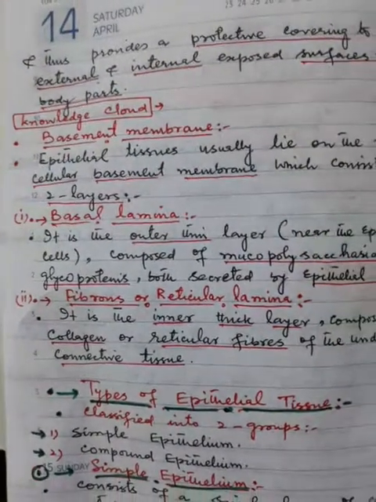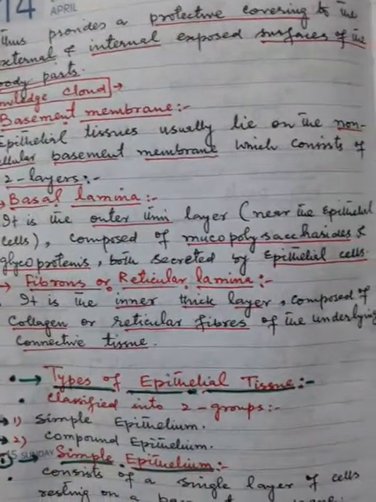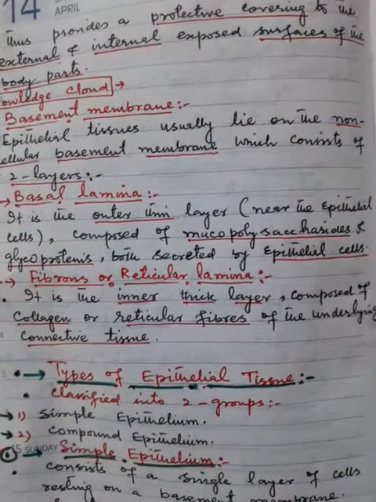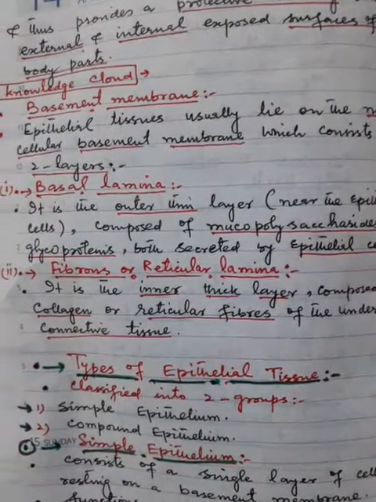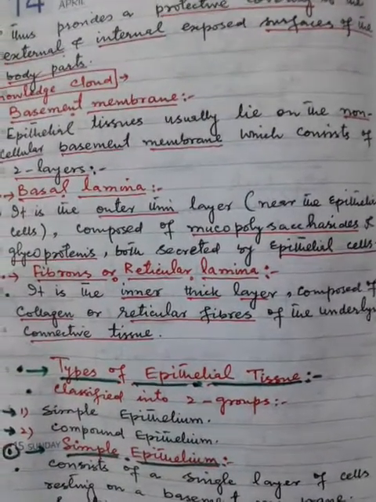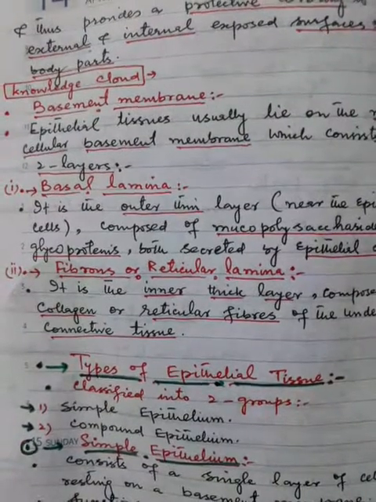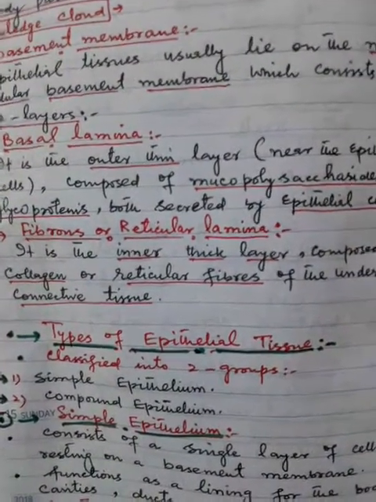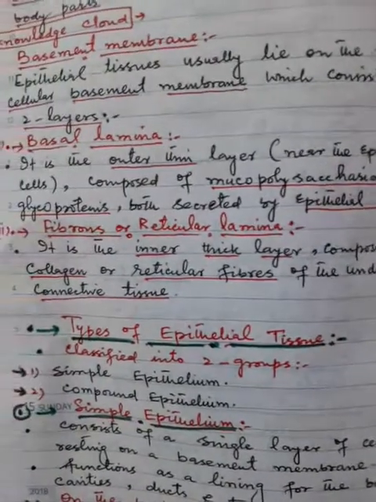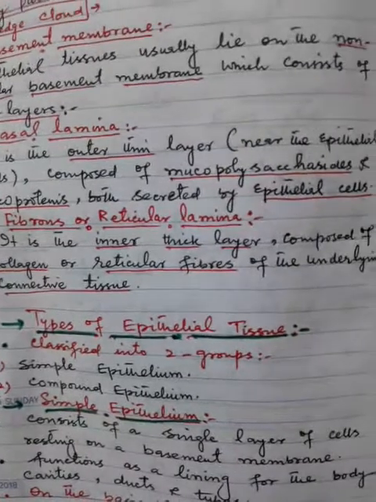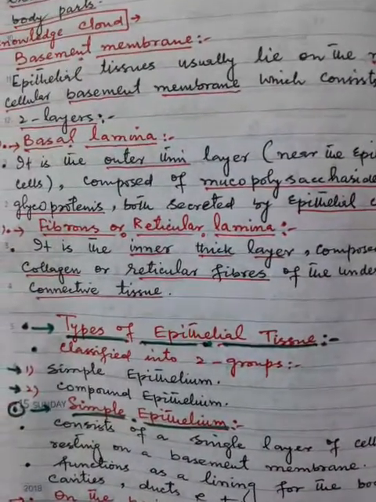Basal lamina is the outer thin layer near the epithelial cells composed of mucopolysaccharides and glycoproteins, both secreted by epithelial cells. Now, second, fibrous or reticular lamina. It is the inner thick layer composed of collagen or reticular fibers of the underlying connective tissue.